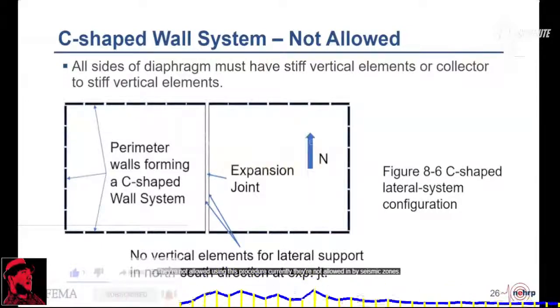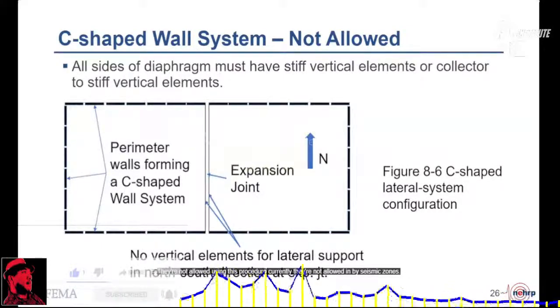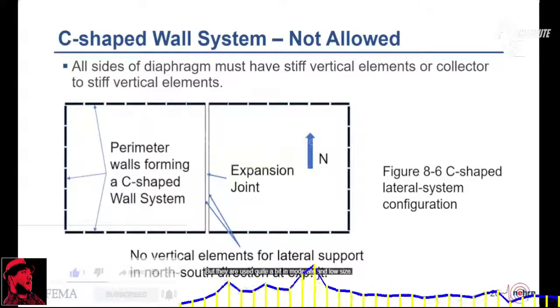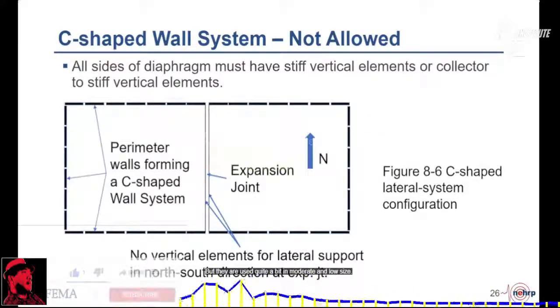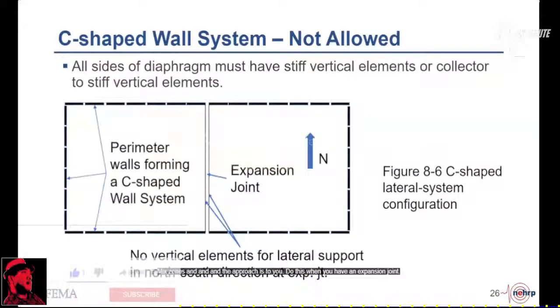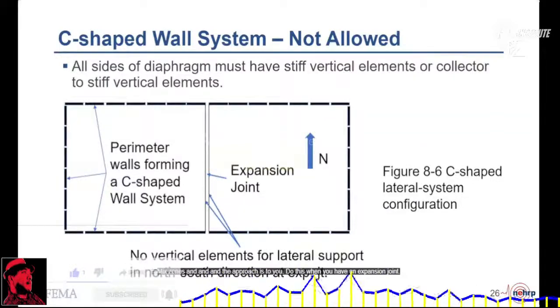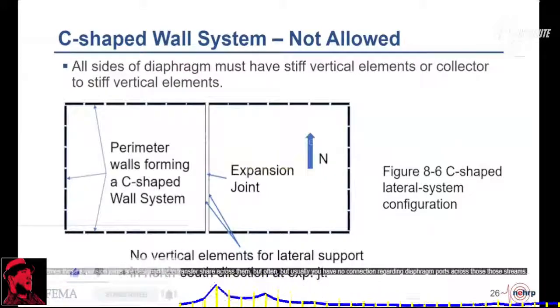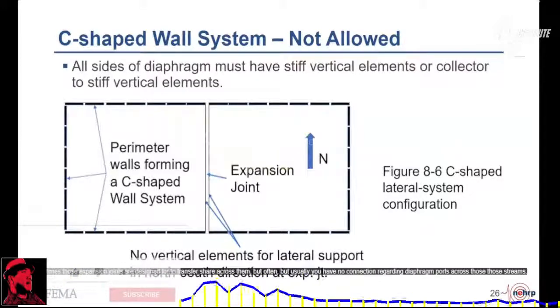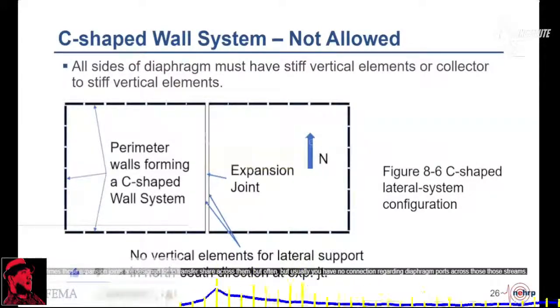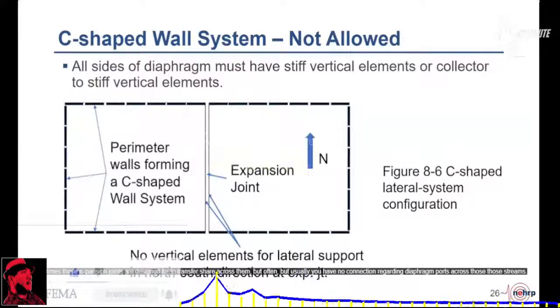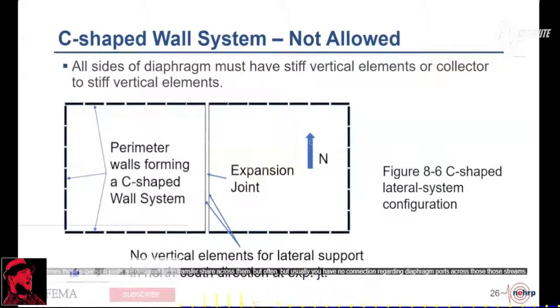Currently, they're not allowed in high seismic zones, but they are used quite a bit in moderate and low seismic zones. The approach is you do this when you have an expansion joint. Sometimes those expansion joints are designed to transfer shear across them, but usually you have no connection regarding diaphragm chords across those joints.